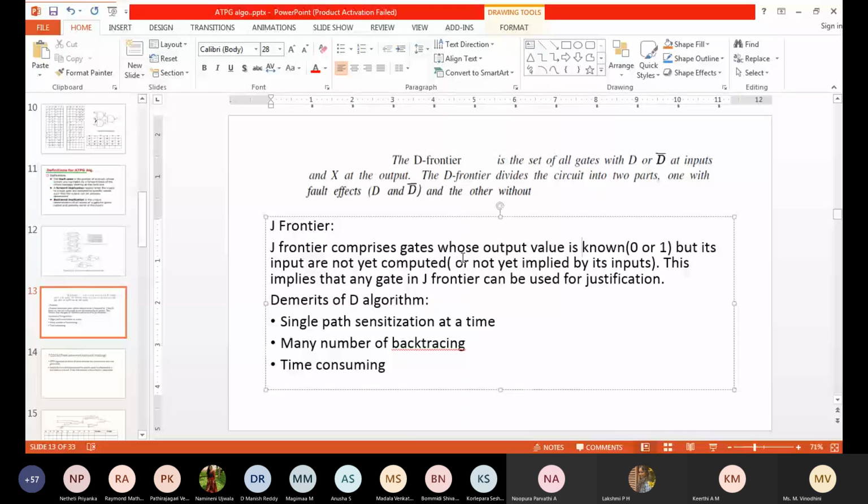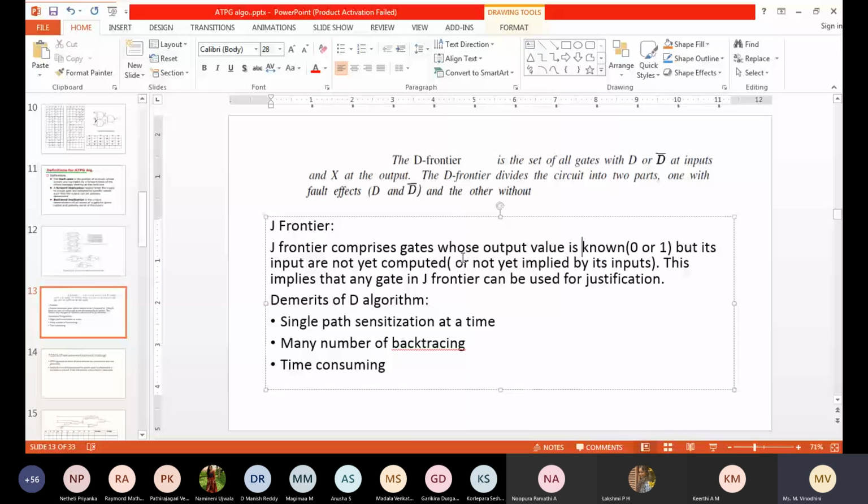Clear? Another thing, D frontier we will be using during propagating the fault or line justification. That way also you can relate. What we do in propagation is travel from input to output, so you know the input and you calculate the output.